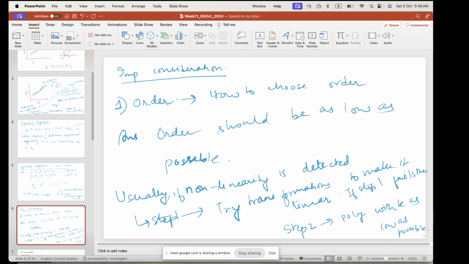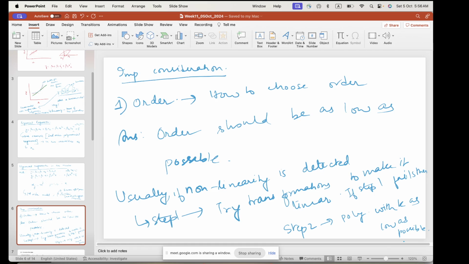And why is that so? Because we need our regression models to be generalizable. Okay, it shouldn't work for one specific case. So if, let's say, there are n endpoints in our data, a polynomial of degree n minus 1 can always pass through those points, right?